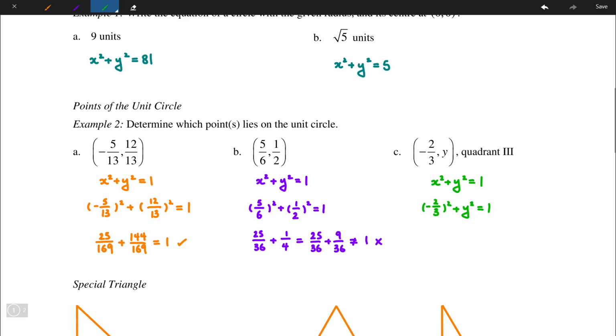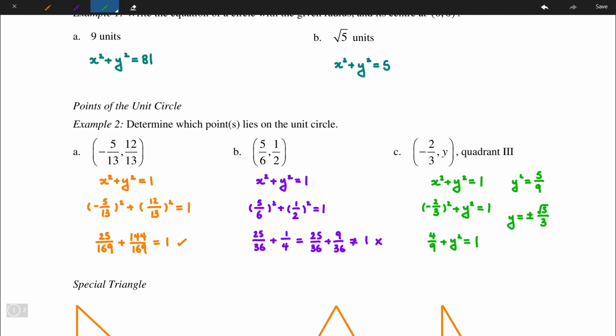So, of course, when we square, we get 4 over 9 plus y squared equals 1. That means that y squared is going to be equal to 1 minus 4 over 9, which is 5 over 9. And if we take the square root here, we have y is equal to positive or negative the square root of 5 over 3.